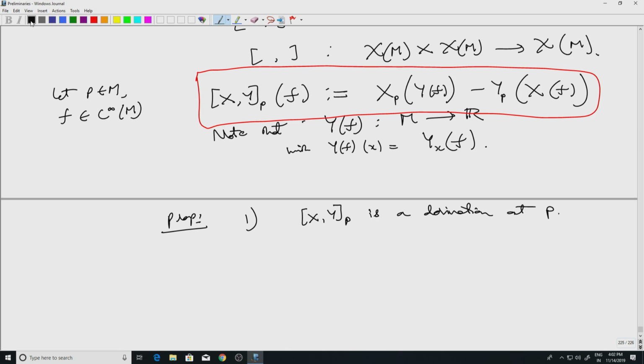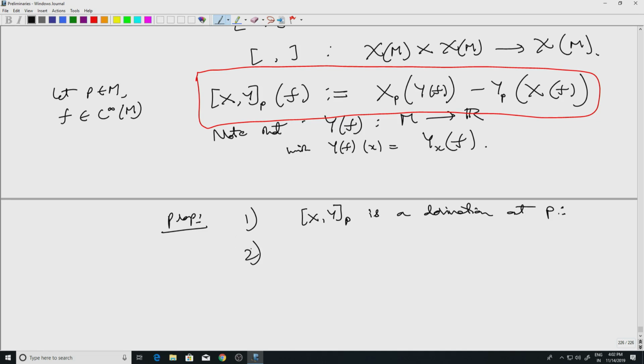So now let me quickly start checking the derivation property of this. I won't complete it, it's fairly straightforward. So what do we have to check? Before I start checking, I should write the second part.